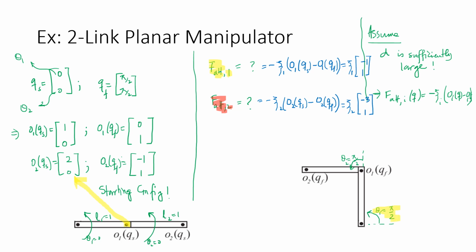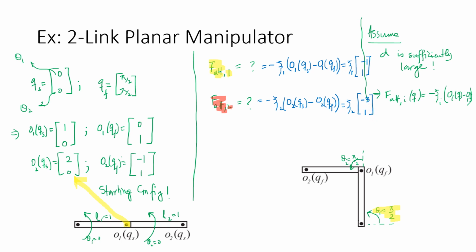And let me use a different color for the attractive force acting on joint number 2. So you can see that that was corresponding to this vector, which is zeta 2 times minus 3 and 1. So what does that mean?